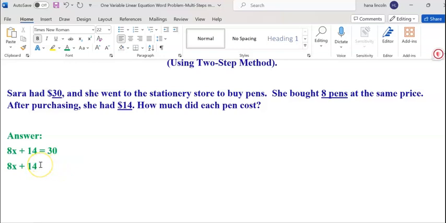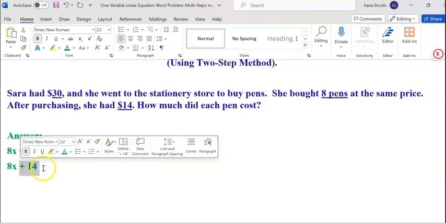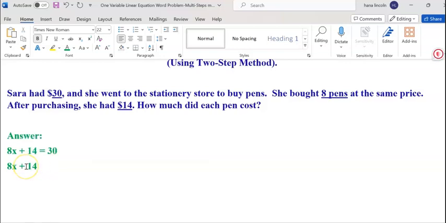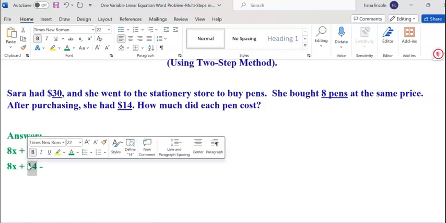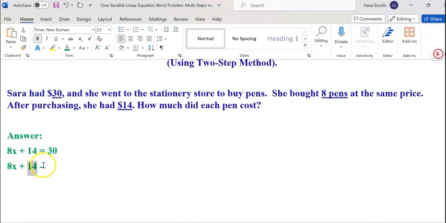However, to remove 14, we're going to find the opposite of plus 14, right? The opposite of plus is minus, and then copy 14 itself after you change the sign.